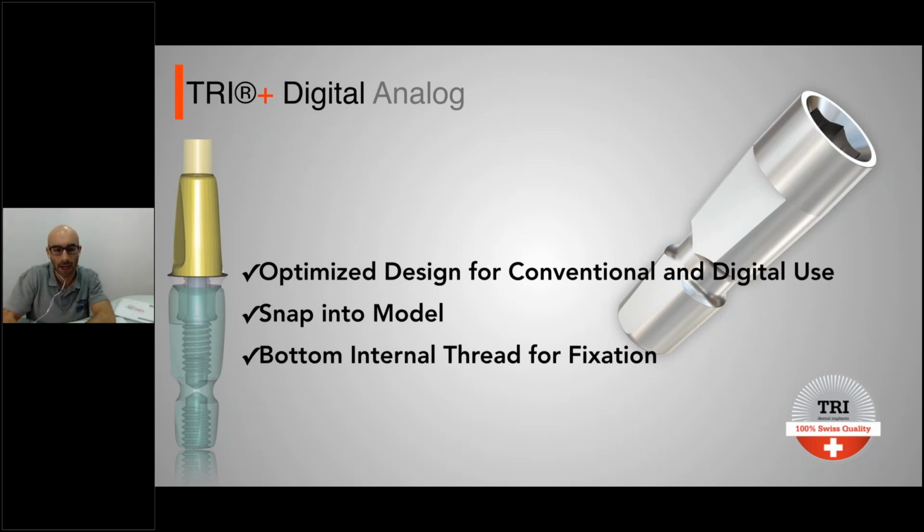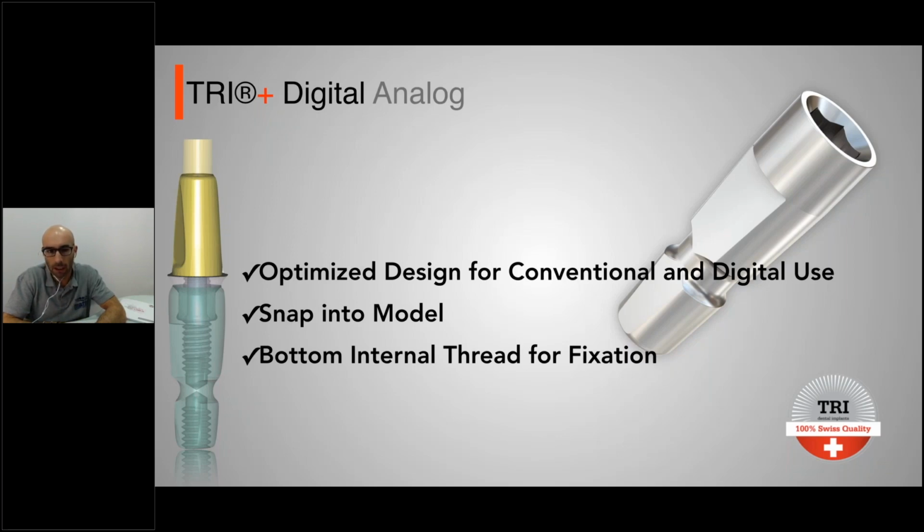Then you can snap it into the model. If you print it, it's very easy because of the precision of the CAD design, so you can easily put it on the model. And then if you want more stability, they have a bottom internal thread for fixation, so you can screw this analog from the bottom of your model, and it will be fixed on the model.